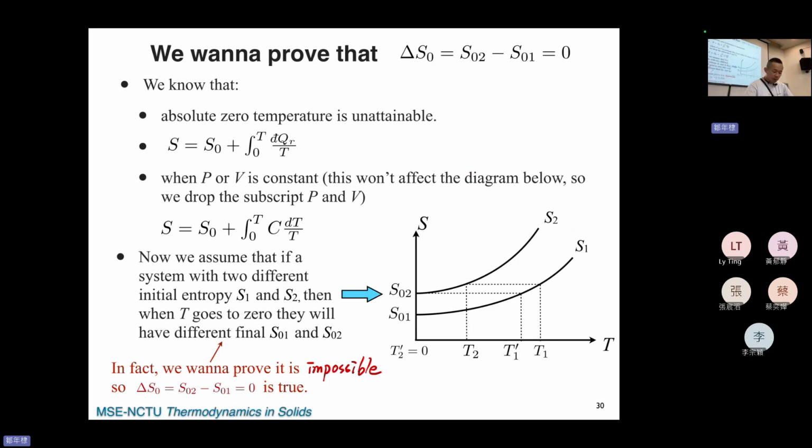So it must look like this in entropy versus temperature, and if we draw the curves for S2 and S1, they will come up along these lines.